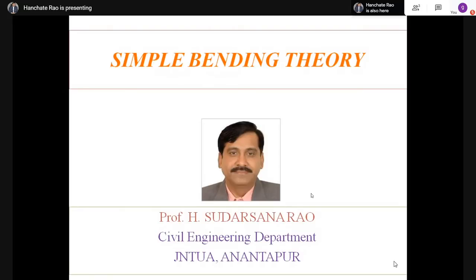For certain anisotropic materials, or for certain foams, Poisson's ratio may become negative. So for foam, the Poisson's ratio may become negative. But for all other materials, Poisson's ratio is positive.